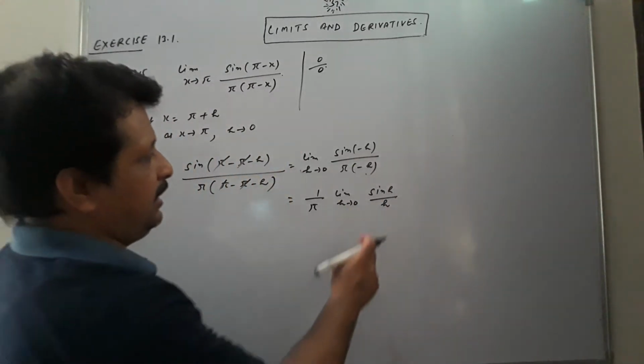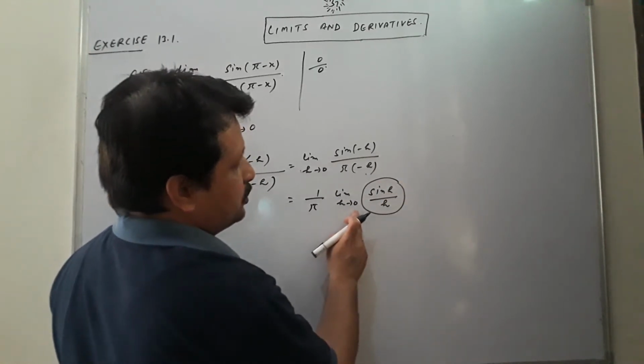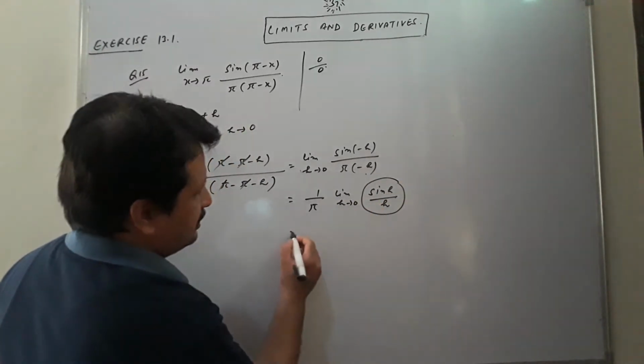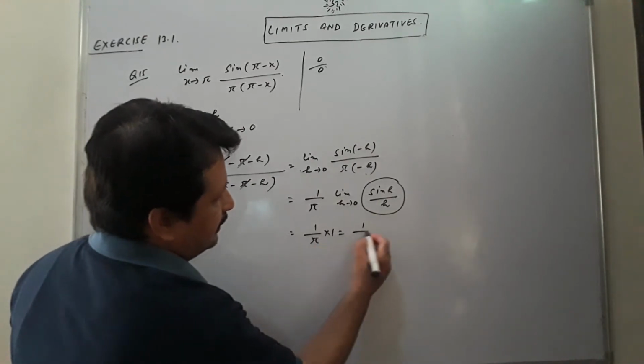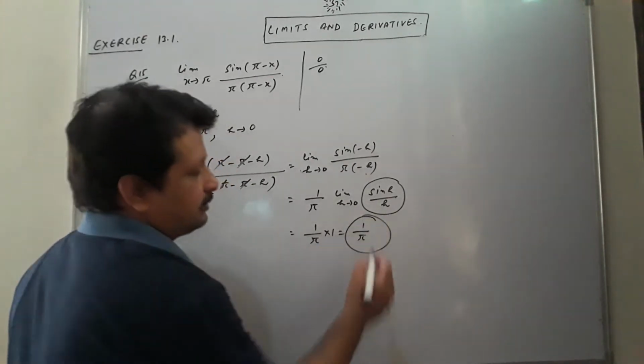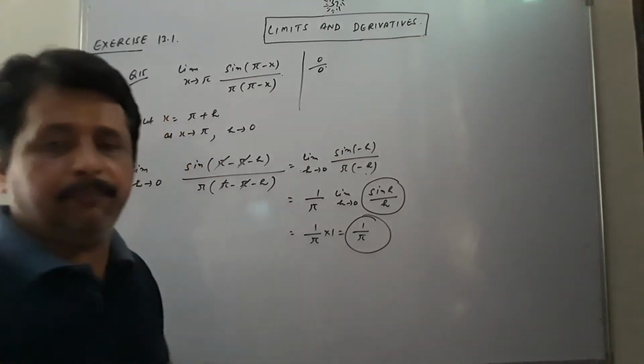And you know that sine h by h, while h tends to 0, according to our theorem is equal to 1. So it will come as 1 by pi into 1, that is equal to 1 by pi. It means the answer of this question is 1 by pi.